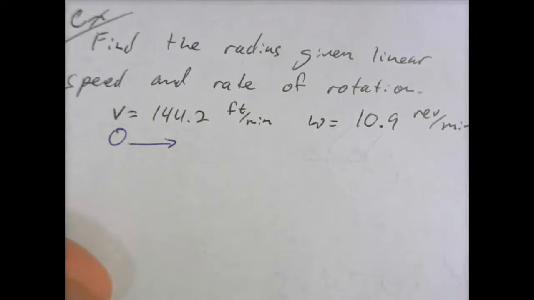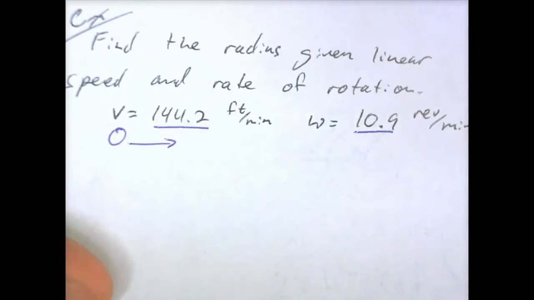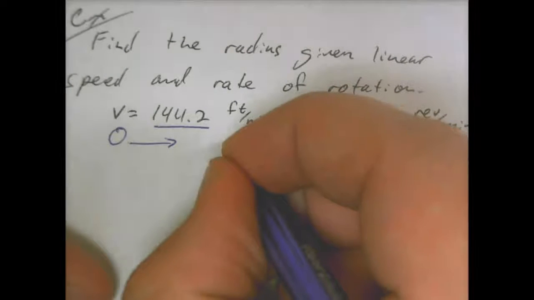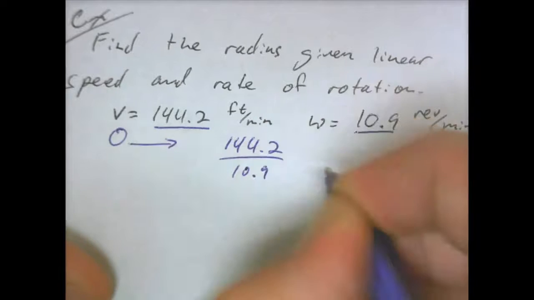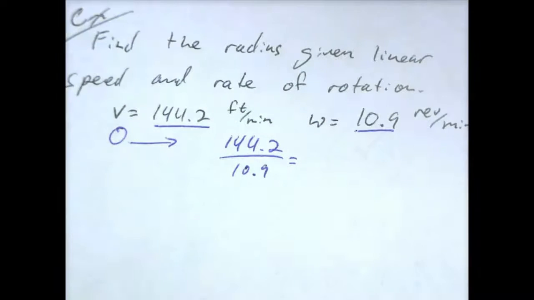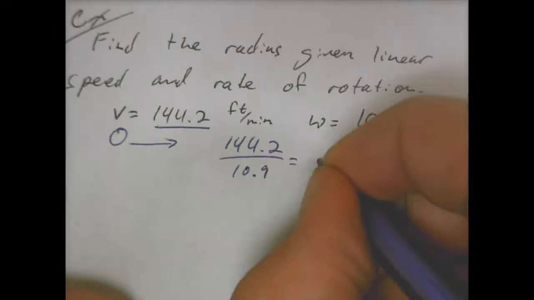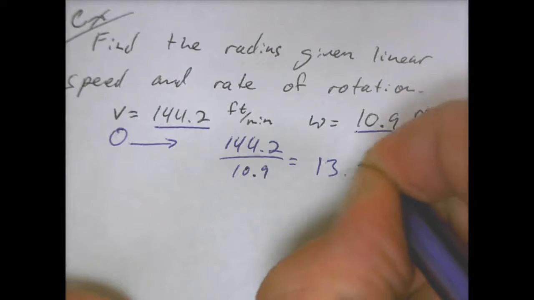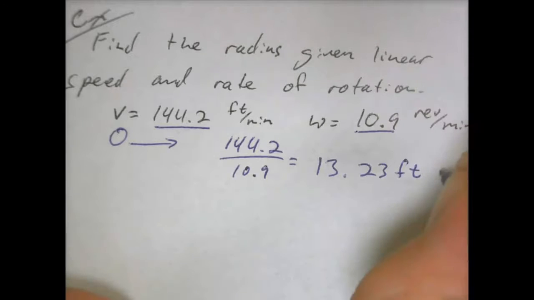So I have 10.9 revolutions in 1 minute, and it is going 144.2 feet in a minute. So for 1 rotation, I can do 144.2 divided by 10.9 to figure out that in 1 rotation it travels 13.23 feet.